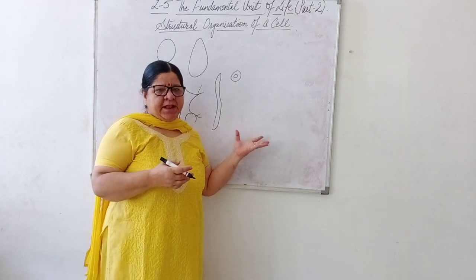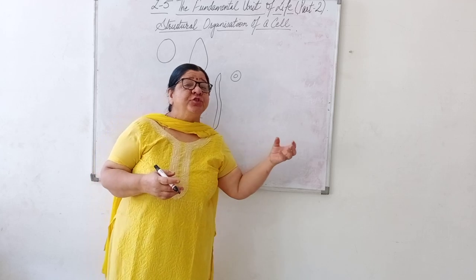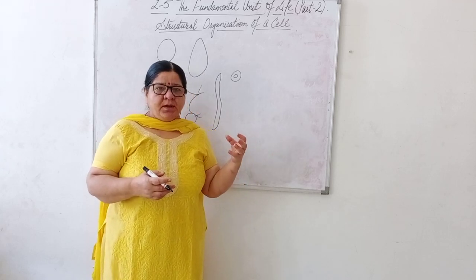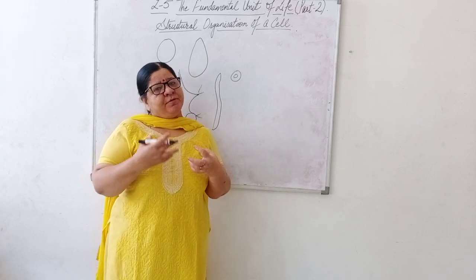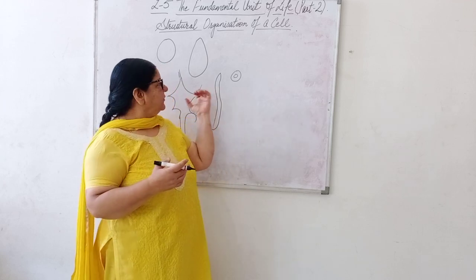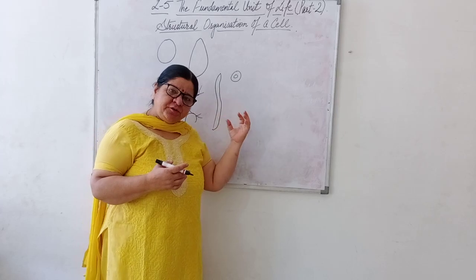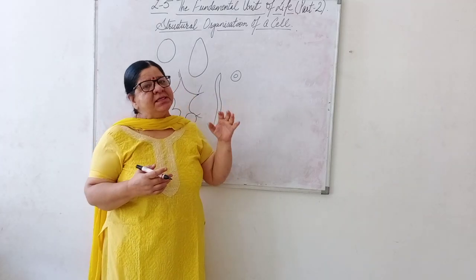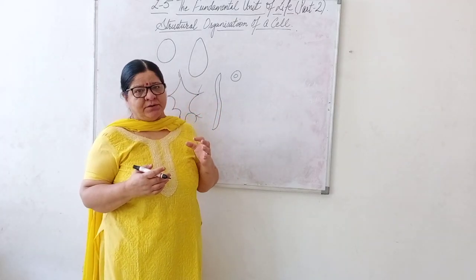and each cell has a different function to perform. Like inside our body, we have different organs which perform different functions. Same way, the cells are also of different shapes, different sizes, and they perform different functions.